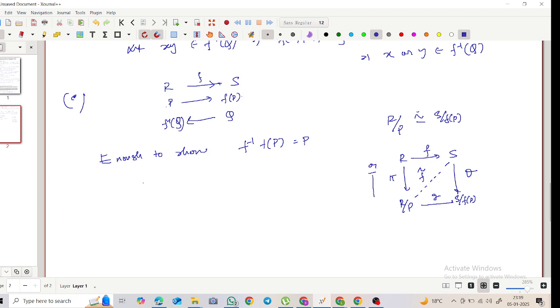R goes to R mod P. Okay. For some reason, I am getting stuck in every problem today.